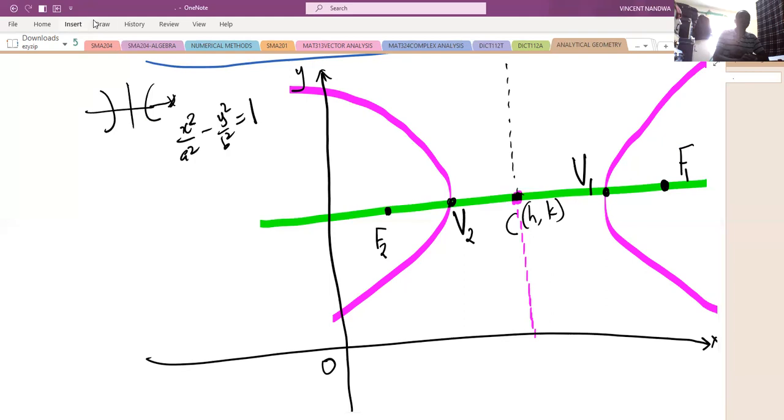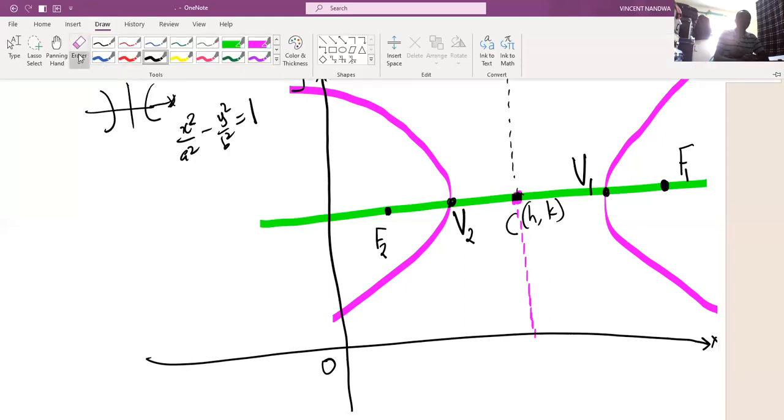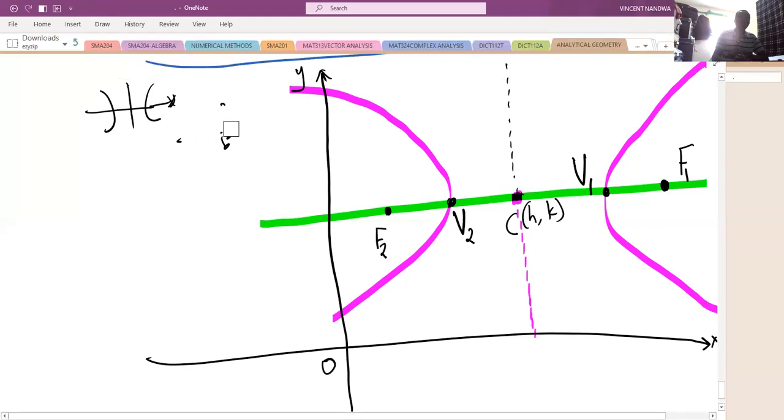So let's discuss one by one. We are not going to go into the derivation, but you can do that anyway.